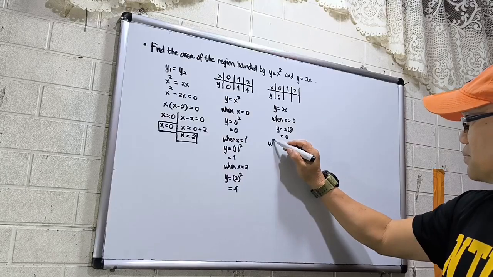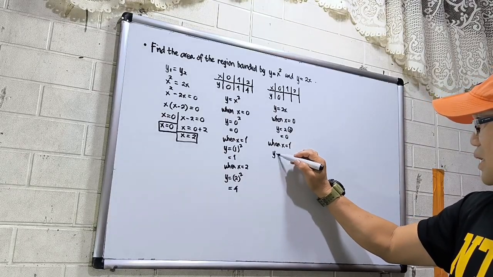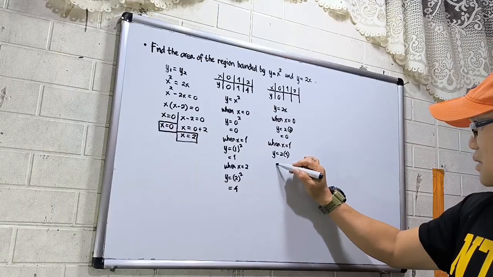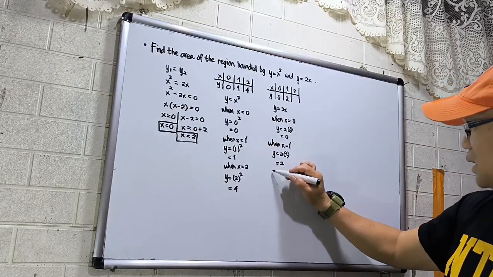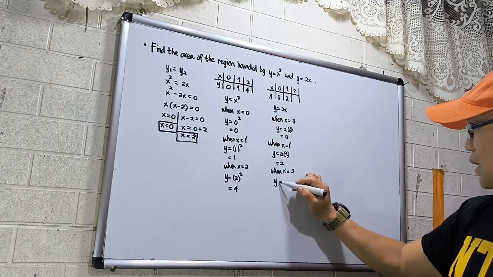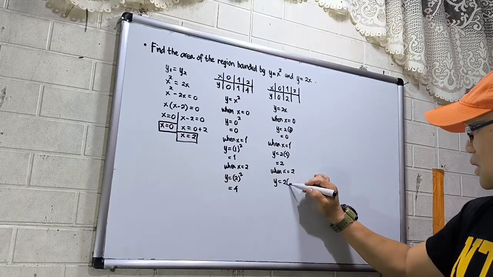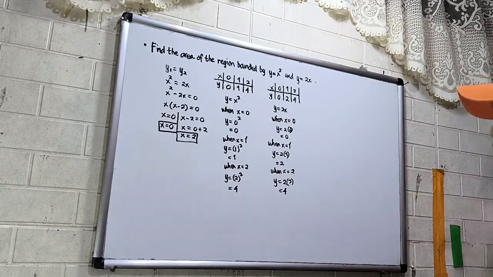When x equals 1, y equals 2 times 1, so y equals 2. When x equals 2, y equals 2 times 2, so y equals 4. So I have 2 and 4.